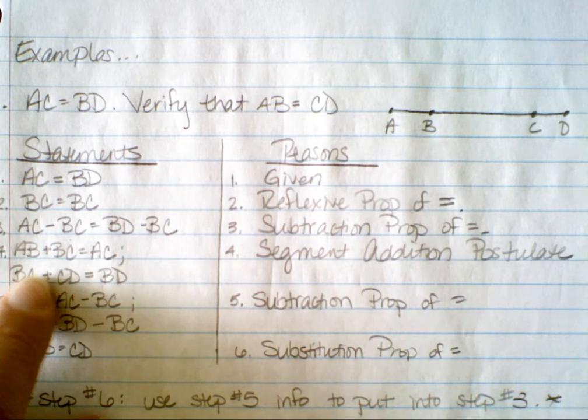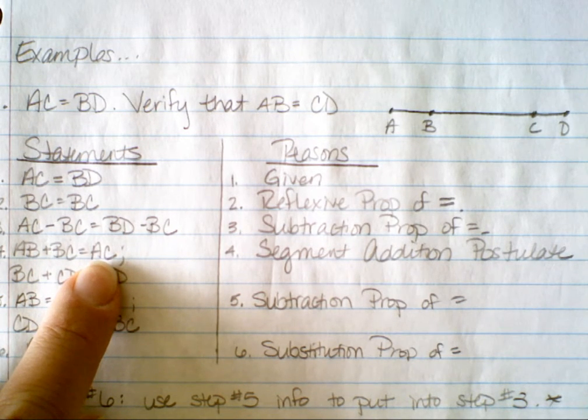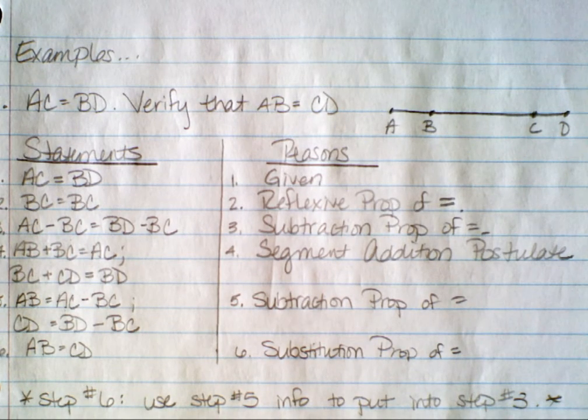So then I'm left with AB plus BC equals AC. That's using the segment addition postulate. So we know that that's true. We also know that BC plus CD equals BD. Again, the segment addition postulate. And those you can combine into one step if you'd like, or do them as two separate steps.